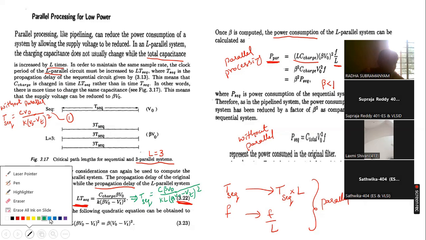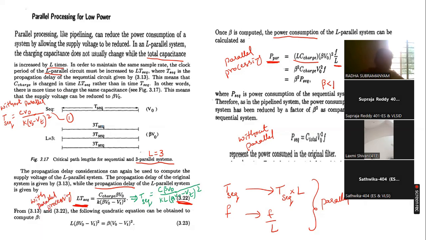I will take blue color. We are equating 3.22 and equation 1 RHS. This C V naught will get cancelled. And this K and K also will get cancelled. Beta into V naught minus VT whole square will come on one side.